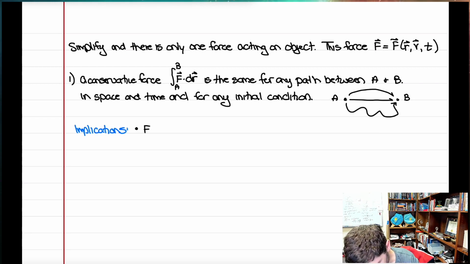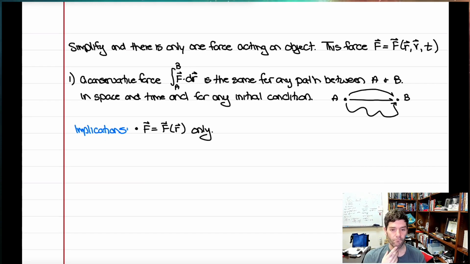One of them is that this restricts conservative forces to being forces of position only. You can't have it depend on velocity. Imagine air resistance, which depends on velocity, how fast you're moving through the air.